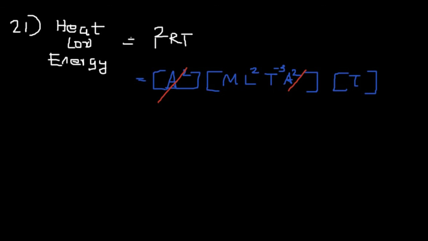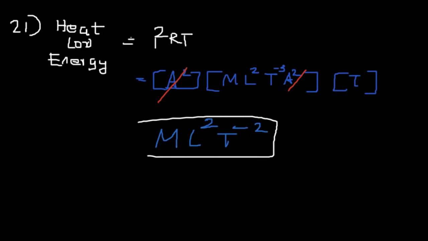So what will be the resultant? The resultant will be M L squared T power minus 3. This is T power 1, so minus 3 plus 1 is minus 2. So this is nothing but M L squared T power minus 2, the dimensional formula for energy or heat.